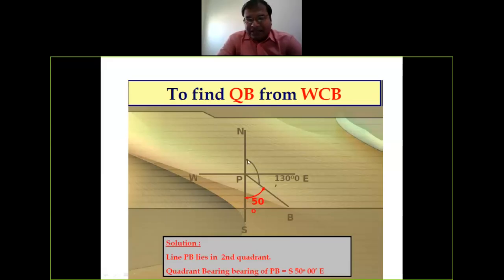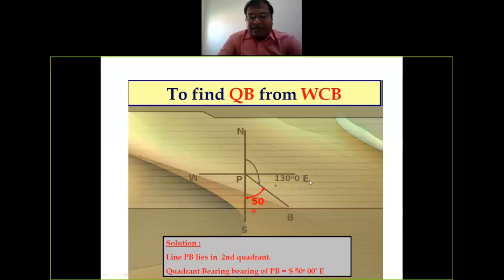This is 130, from the north to the PB line, and from north to south, what will be the value? 180. So if you deduct 130 from 180, what will your answer be? 50. But that angle, you can see your PB line approaches which quadrant? It approaches the south pole. So you always have to measure the angle with respect to the south pole, which means your answer will be south 50 degree east.